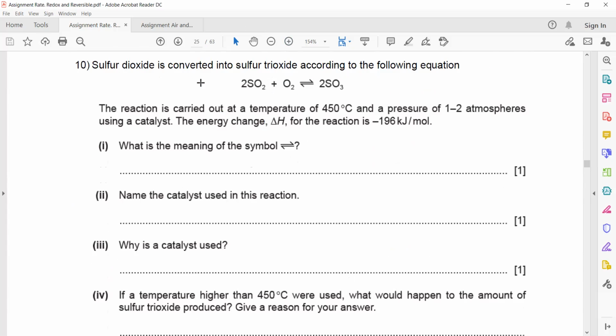Okay, in this question, sulfur dioxide is converted into sulfur trioxide according to the following equation. The reaction is carried out around 450 degrees and 1 or 2 atm using a catalyst. Delta H is negative, which means the reaction is exothermic. What is the meaning of this symbol?